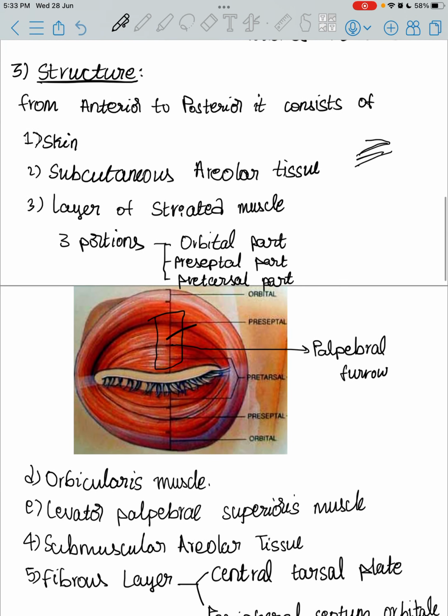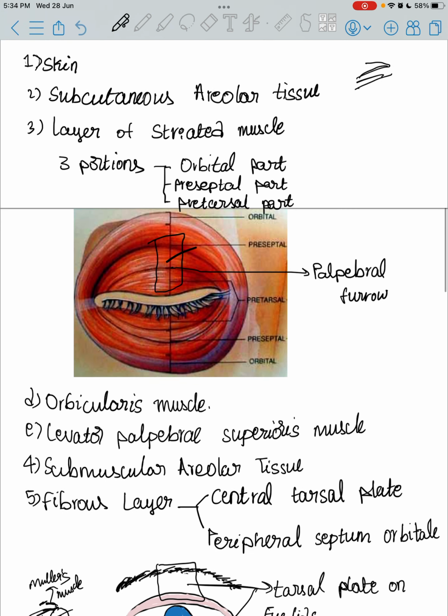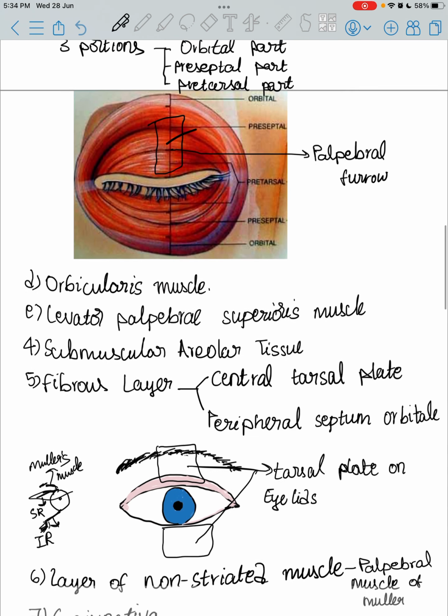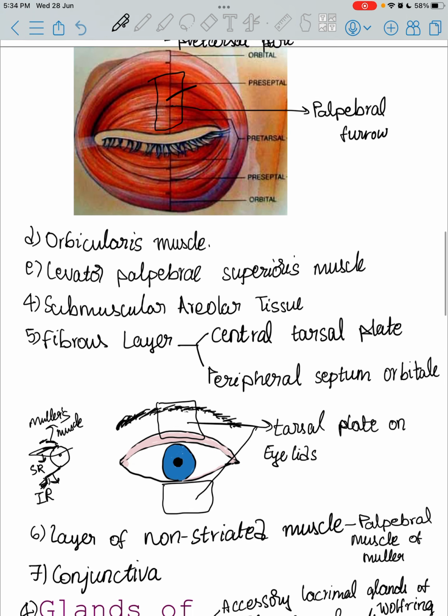Let us discuss the structure of the eyelid. From anterior to posterior, it consists of skin, subcutaneous areolar tissue, a layer of striated muscle, submuscular areolar tissue, a fibrous layer, a layer of non-striated muscle, and conjunctiva.